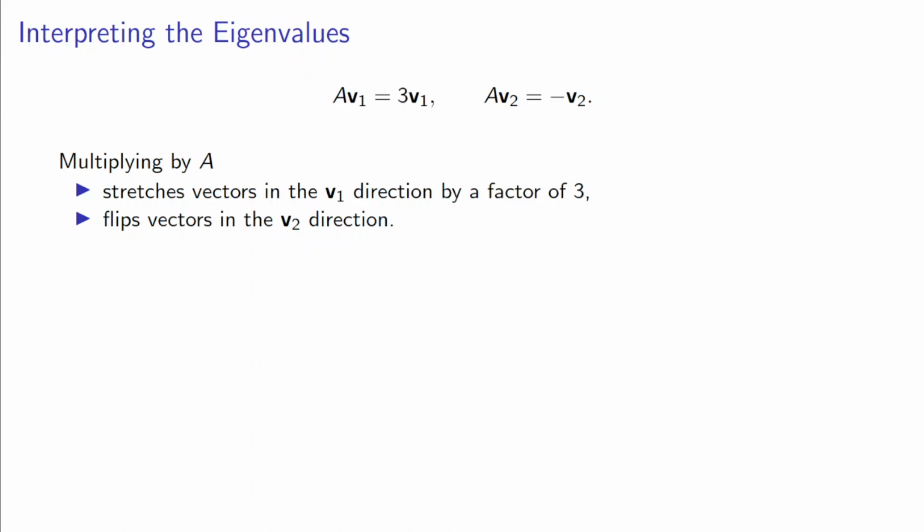Okay, and so again, same example, we have Av1 is 3v1, Av2 is negative v2. So multiplying by A, and this is more general now, what's one of the points of finding eigenvalues and eigenvectors?